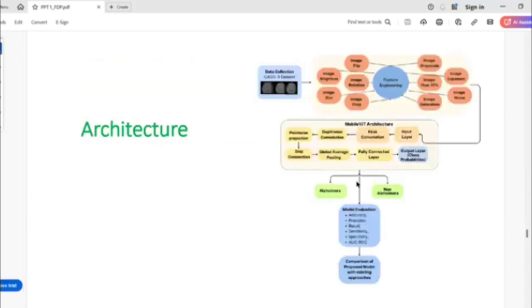Once you have the pre-processed images, you will develop any one architecture of the CNNs. For this case study, I'm using a MobileViT architecture, which is the latest version of the CNNs. So we have the dataset here.